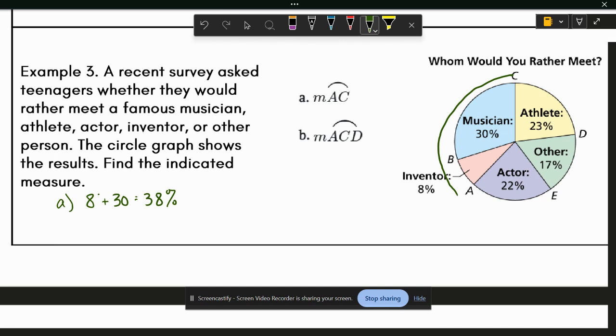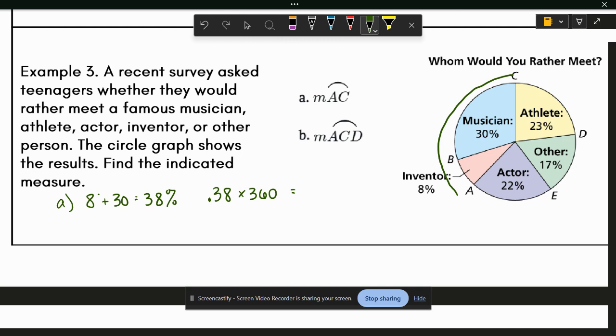And then what we can do from here is 0.38 times 360, because that'll be 0.38 or 38% of our entire circle, and our entire circle is 360 degrees.